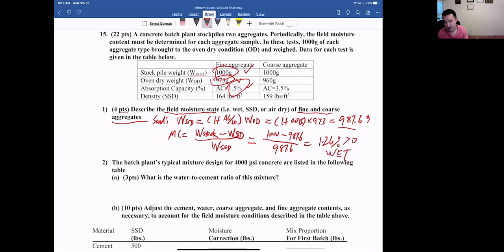In that case, the moisture condition will be air dry. So that is for sand. You can do similar things for coarse aggregate.